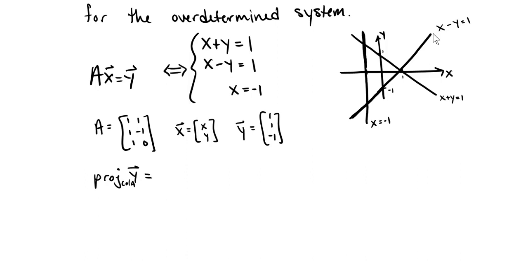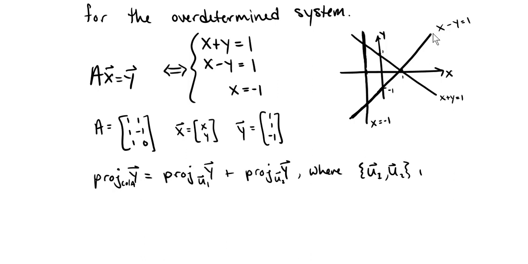We really just want a basis, really an orthogonal basis, for the column space of A. In that case, we can just write down the projection very easily: the projection of y onto each of those basis vectors of the column space of A. Okay, finally got it written out there.